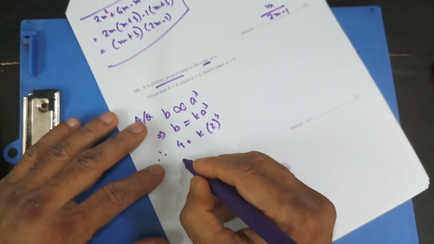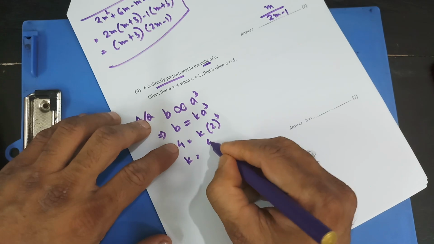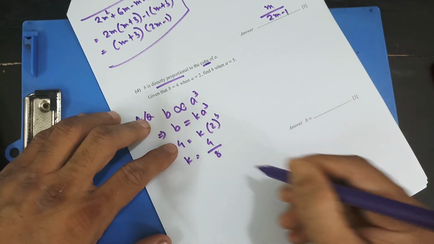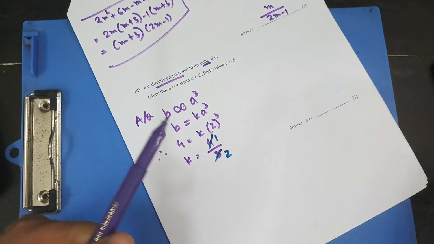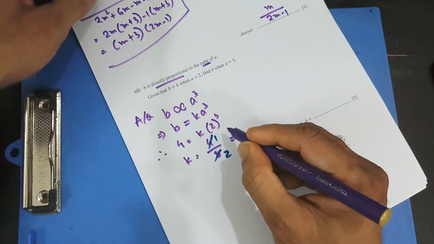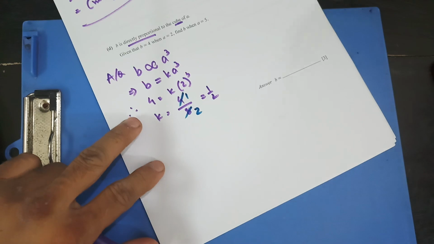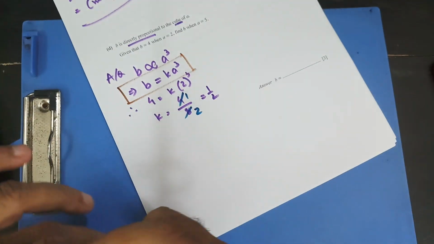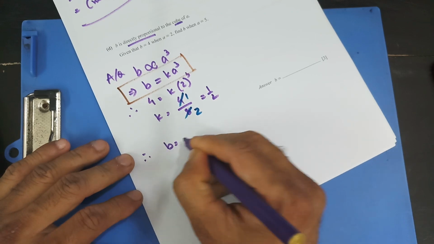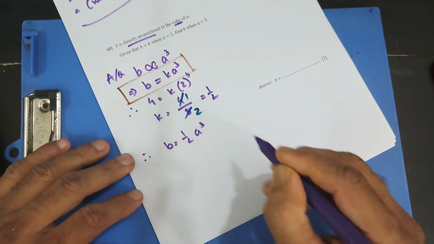So 2 to the power 3. So k is going to be 4 over 2 to the power 3, which means 8. So cancel this out. On the top is 1, this is 2. So k is half. Now write down this equation without k. So therefore b equals half a cubed.